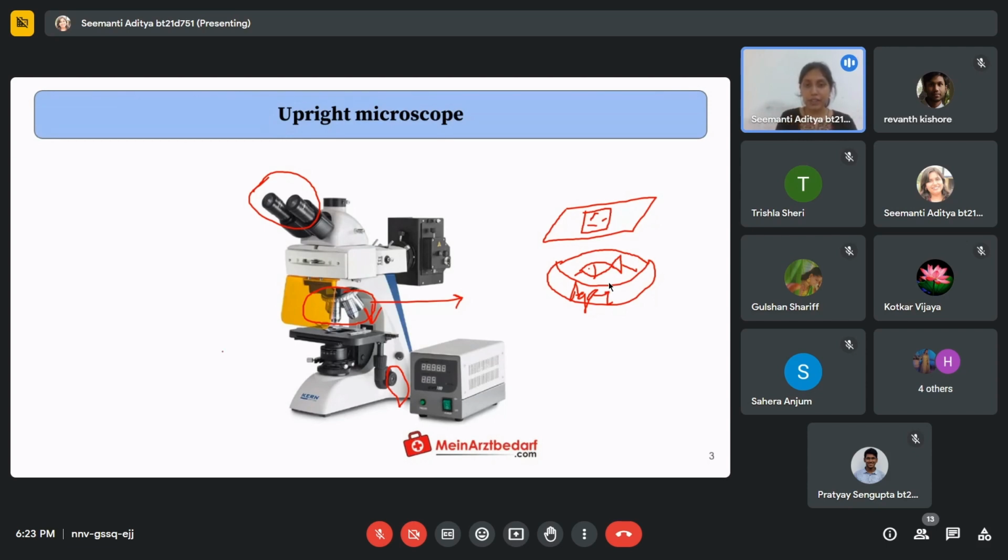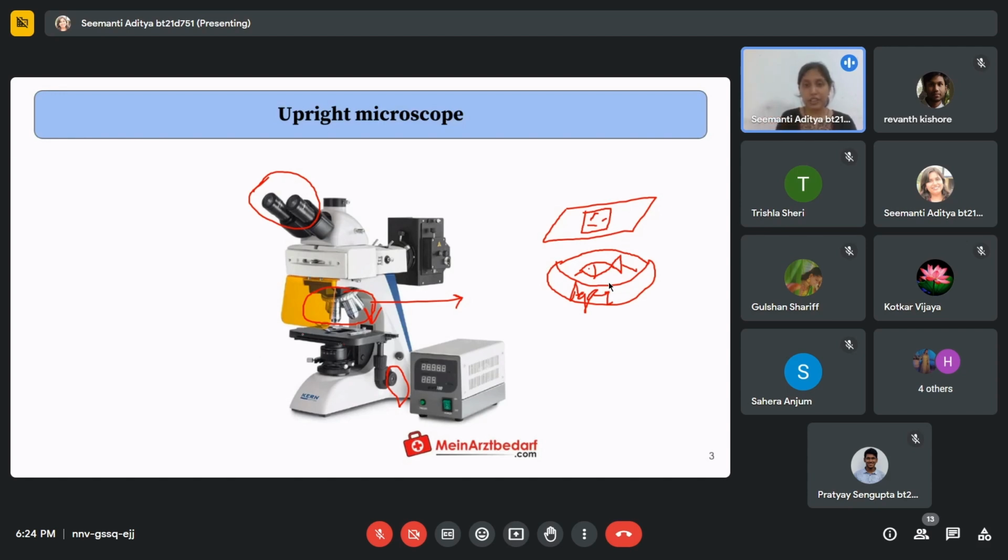So when we have microscopes which are upright, the light is coming from below, and this light can pass through the thicker sections of the tissue or fish, and we can observe whatever phenomena we want to observe. For example, sometimes we image the fish brain.